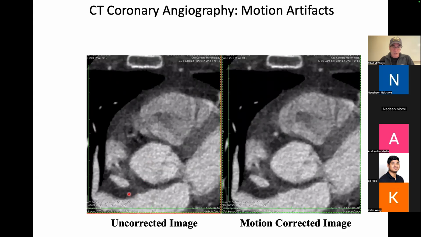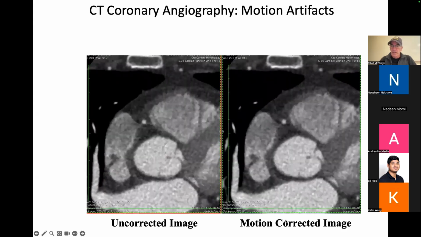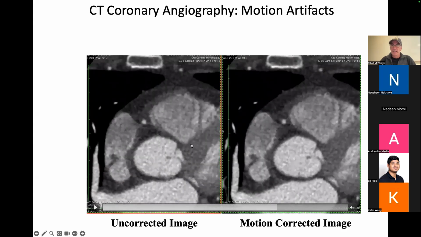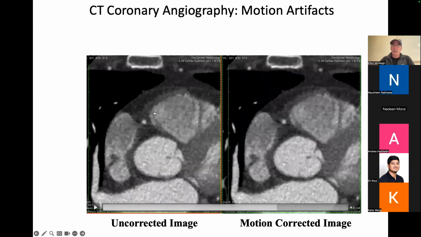So at some phases of the heart cycle, like here, the heart's pretty static, right? It's pretty stationary. And so you get a really good picture even without doing motion correction.